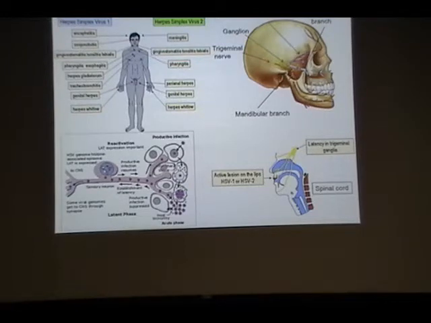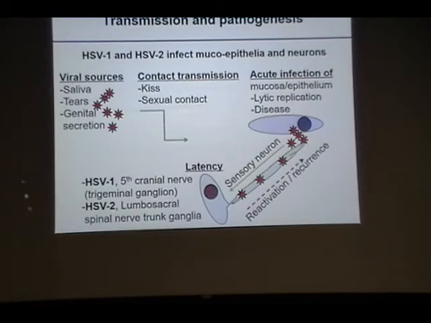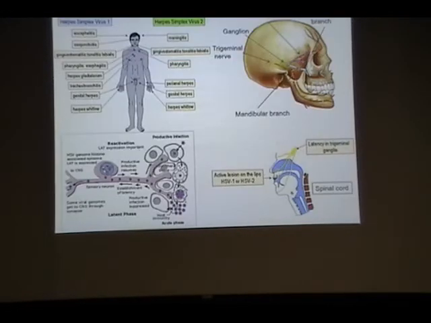So that's why most of the time when you have a cold sore, for example, it will often occur in the same area. Every year when you get a herpes cold sore, usually it happens in the same area. Because when the latent virus is reactivated, the reactivated virus will travel through the same tract and go back to infect the same area. So that's why recurrence usually occurs in the same place where you were first infected.